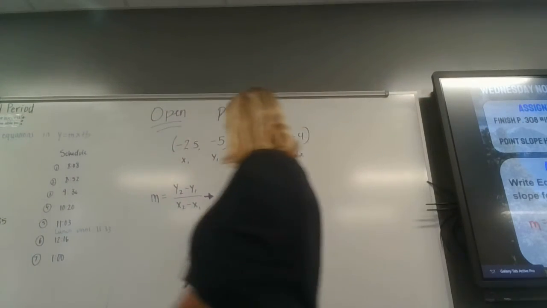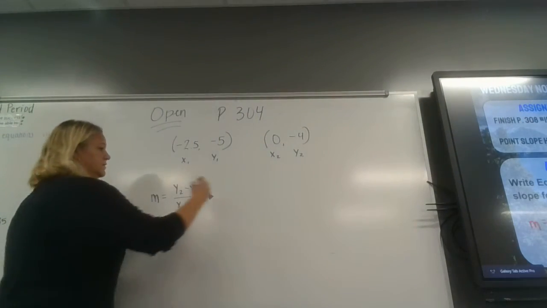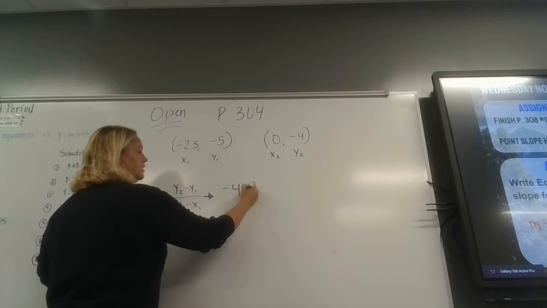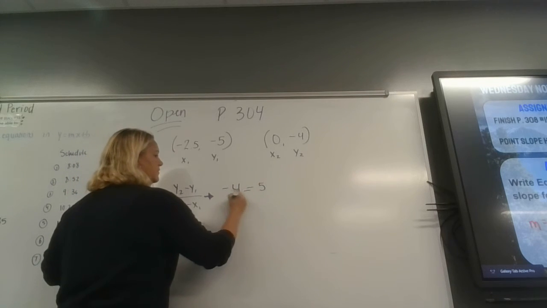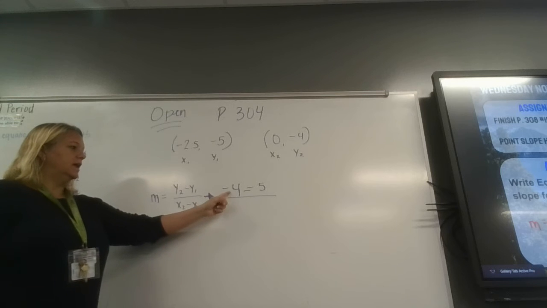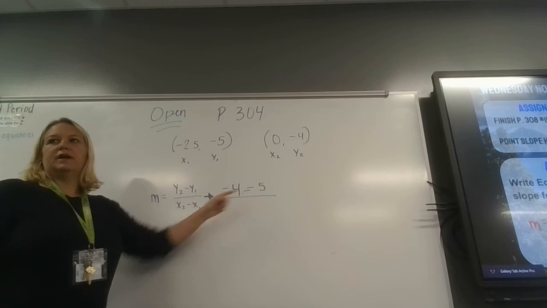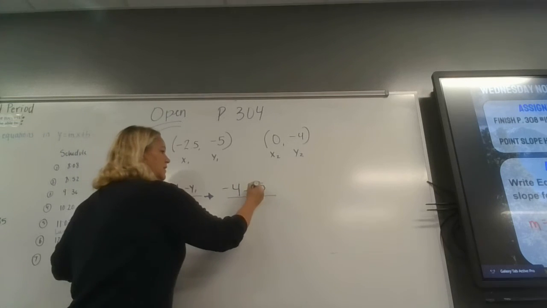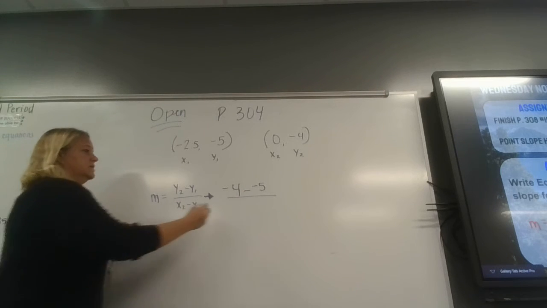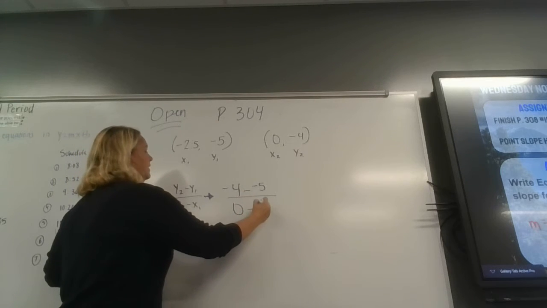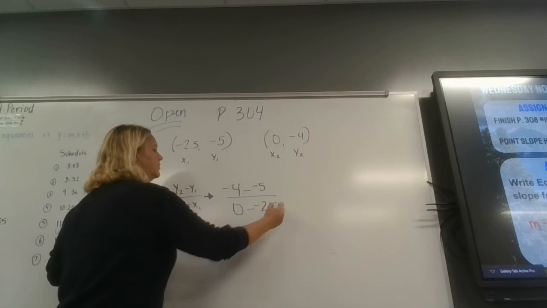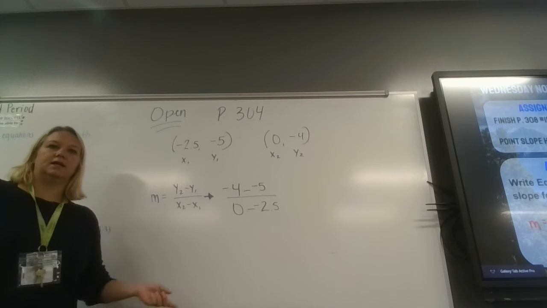Alright, let's see how we did. Alright, so y2 is negative 4. Y1 is negative 5. So I have negative 4 minus negative 5. X2 is 0. X1 is negative 2.5. So again, I have minus and negative.